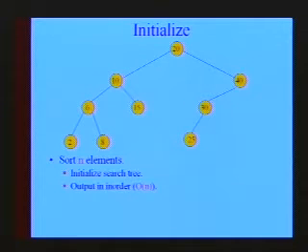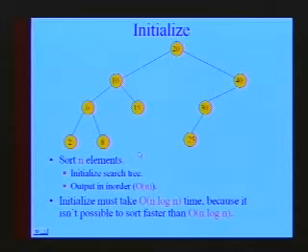The in-order traversal takes order of n time. But we know from theoretical results on sorting that these two steps together have to take n log n time. So if the traversal takes order n, then the initialize has to take the n log n. So you really can't initialize these in anything less than n log n time.